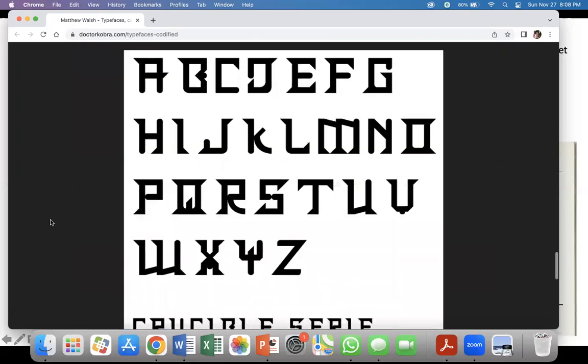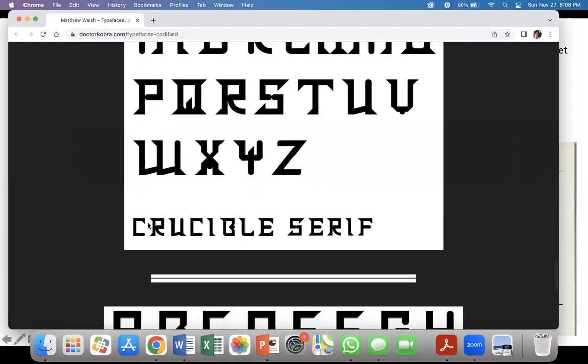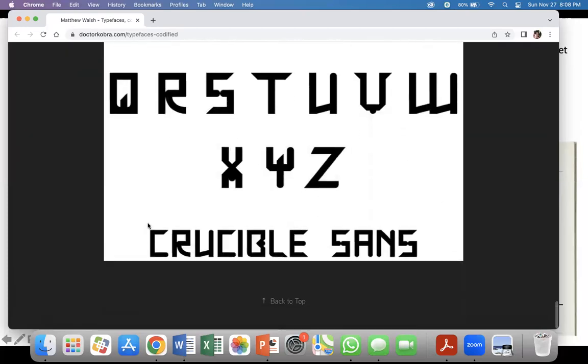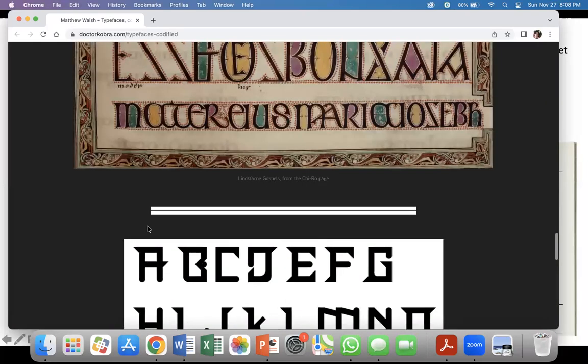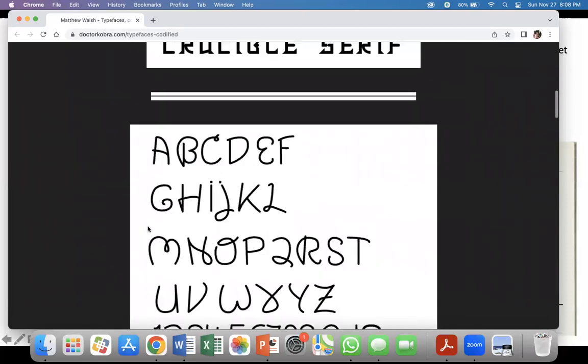So here he is deriving some letters. Look at some of these things. The X is very interesting, right? Looks like a standing person with its arms up. So he called this crucible serif, okay? And then this one he called crucible sans. So he created two. So this is clearly experimental typography, right? And they are doing this.